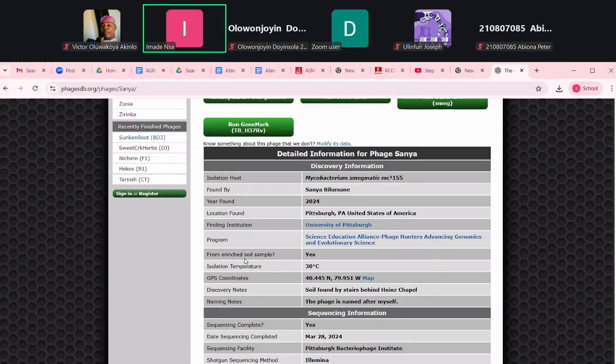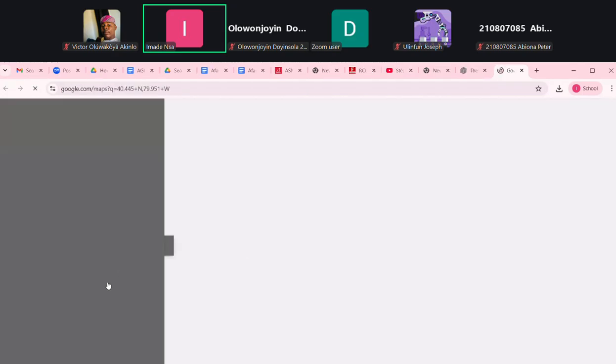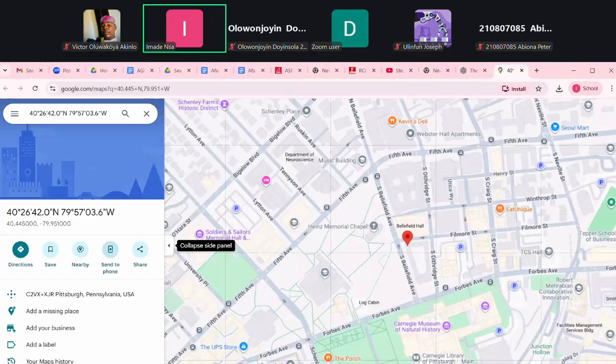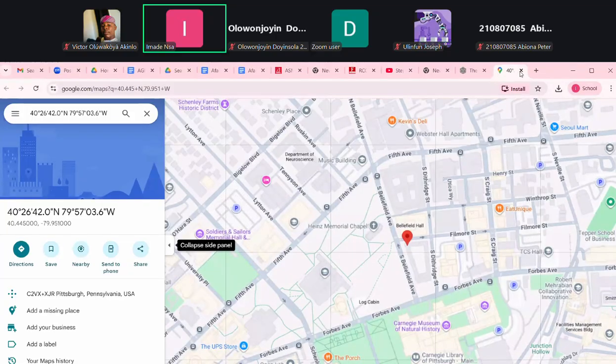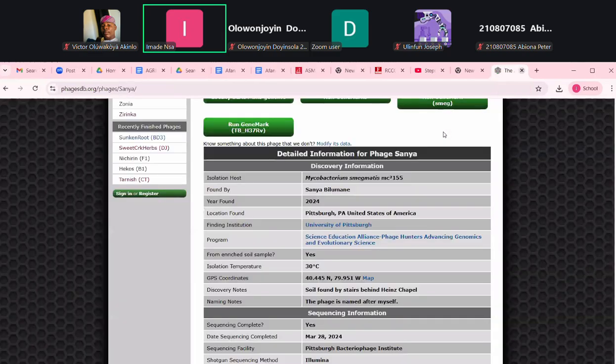Enrichment means you put some of the bacteria just to increase the chances of phage lysine. The isolation temperature is always stated. You have GPS coordinates. As I click on the map, you will see the exact location that this phage was found. So that's why the GPS coordinates are there. And why is another reason why the GPS coordinates are important?